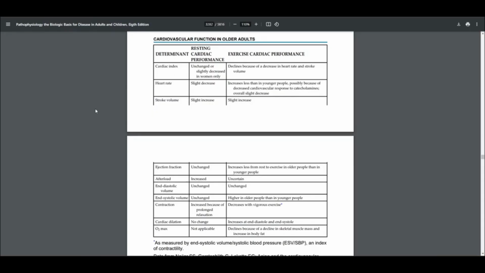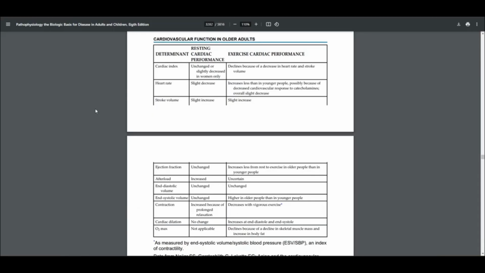Your afterload during a resting performance increases, whereas in exercise cardiac performance it remains uncertain. Your end diastolic volume remains unchanged at rest, and with exercise it also stays unchanged. Your end systolic volume stays unchanged during rest, whereas with exercise it is higher in older people than in younger people.